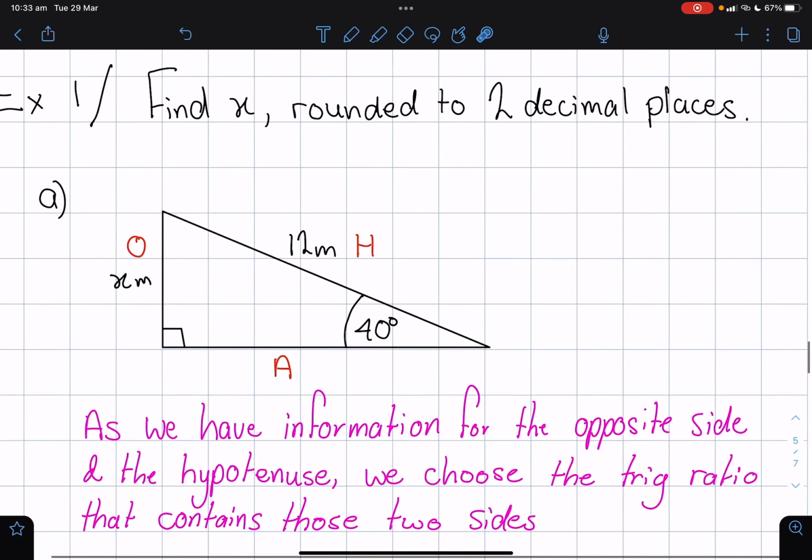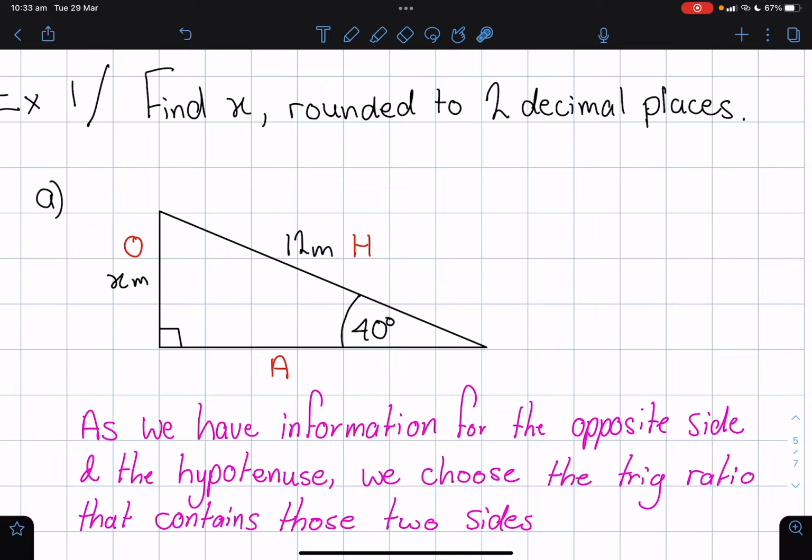As we have information for the opposite side, we're trying to find our opposite side, which we know is x, and then we know the hypotenuse, which we're given as 12. So we have information in the opposite length and the hypotenuse length, so we need to choose the trig ratio that contains those 2 sides. So step 1, done, labeling our diagram.